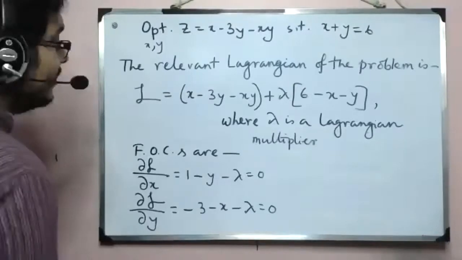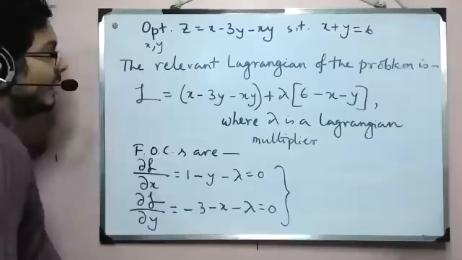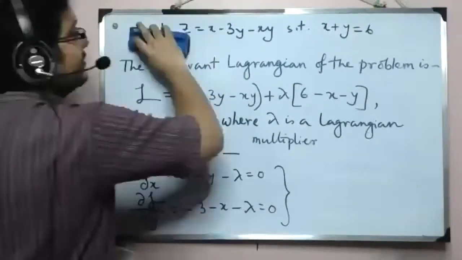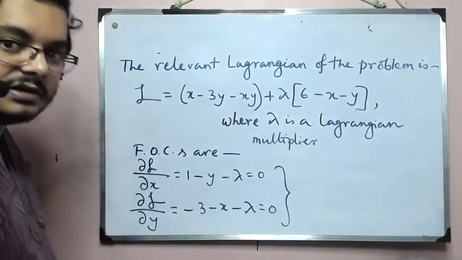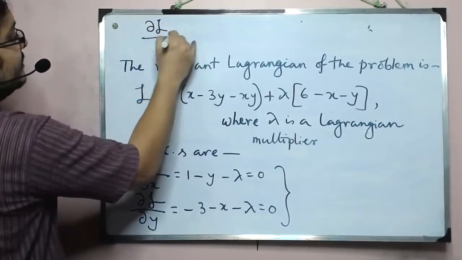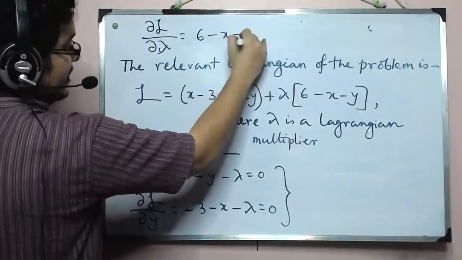And the third one, del script L del lambda, equals 6 minus x minus y equal to 0.